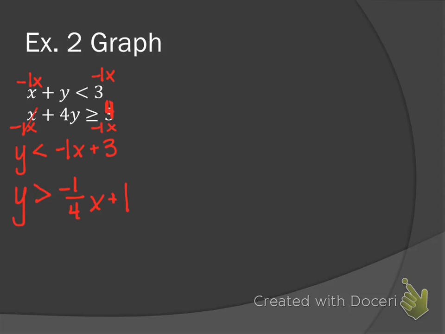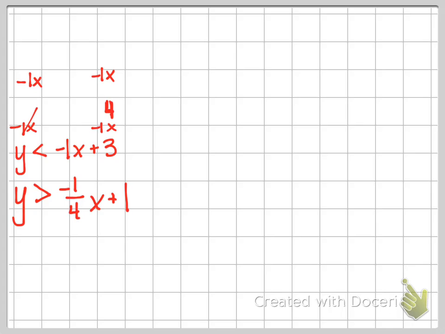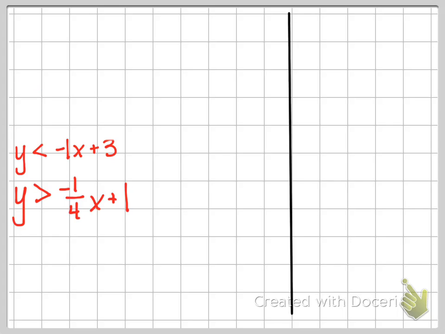So let's go back to our graph paper. Erase everything but my equations here. Draw my y-axis and my x-axis, and I'm going to label them just like I did the other graph.